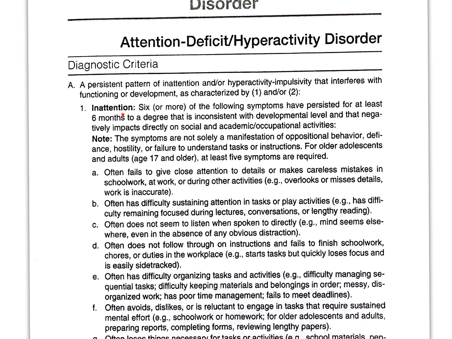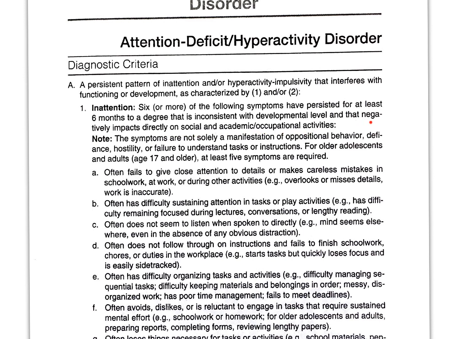In order to have the inattentive type, there needs to be 6 or more of the following symptoms that have persisted for at least 6 months to a degree that is inconsistent with developmental level. That's important. So there's age-appropriate behavior as well. So this needs to be to a degree that is inconsistent with developmental level and that negatively impacts directly on social and academic or occupational activities.